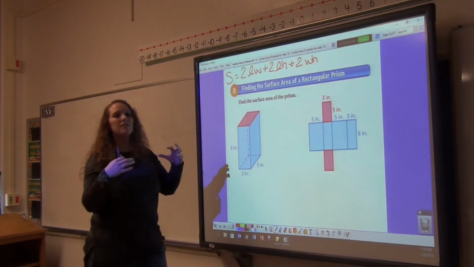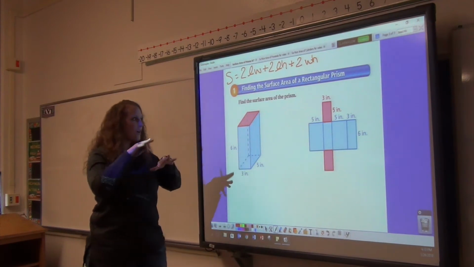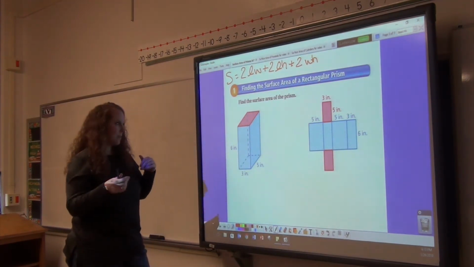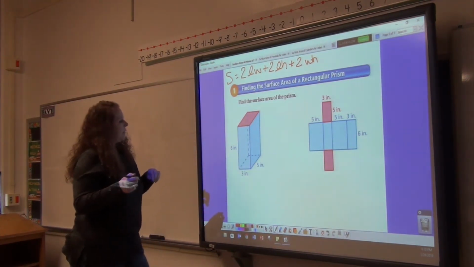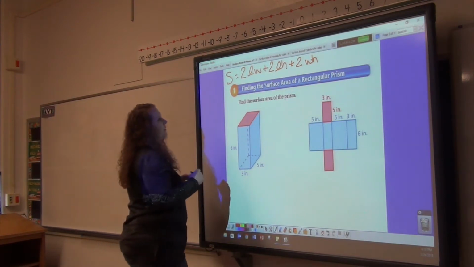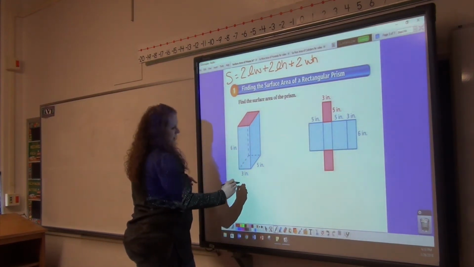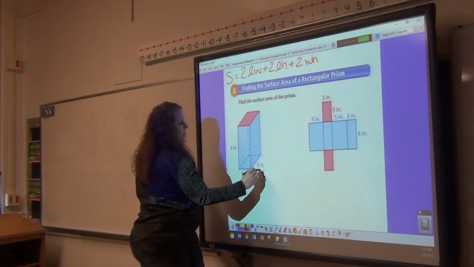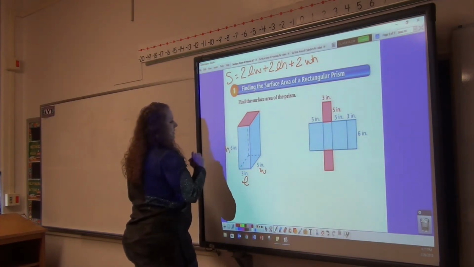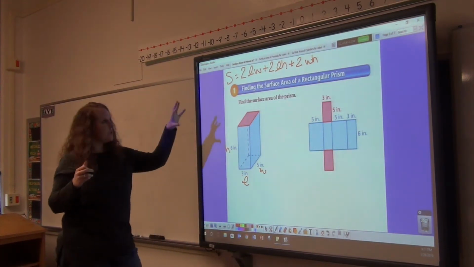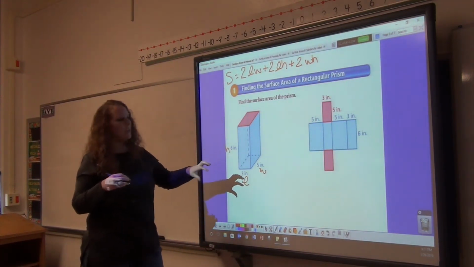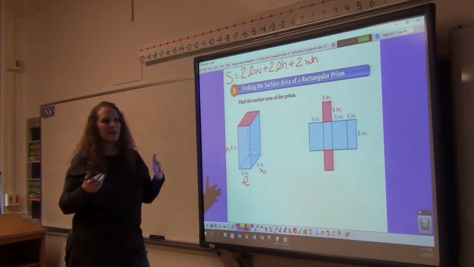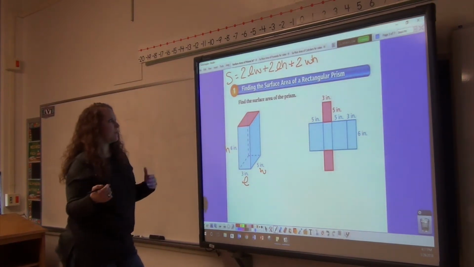So basically, you find the area of each side and add them all together. Okay, so if this is my length and my width, this is my height. If I'm using the formula, I like to label those. If I'm just finding the area of each side and then writing it in there, then I don't label those.